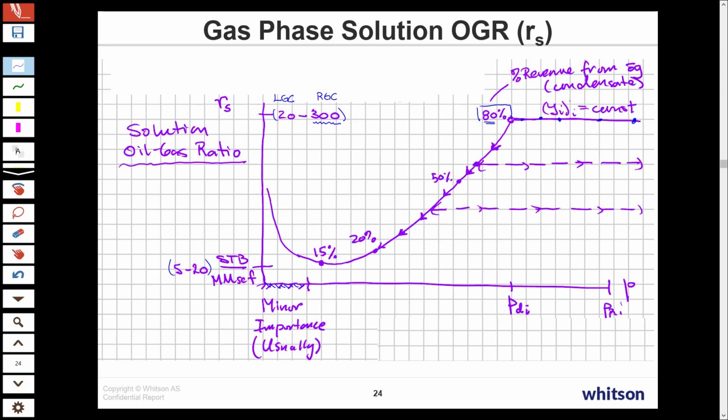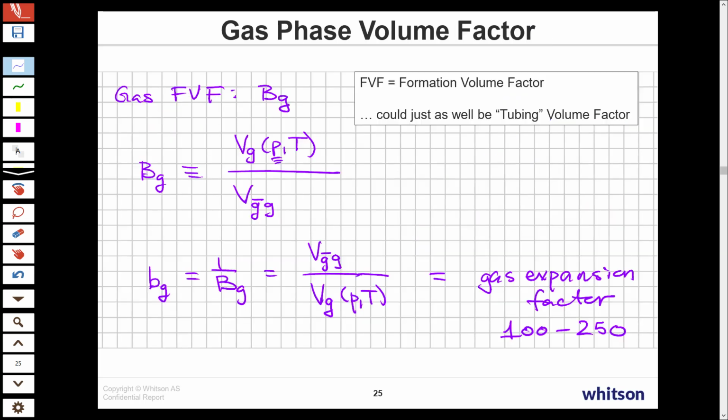But as soon as we drop below the dew point, as the average reservoir pressure drops and the amount of condensate carried with the gas decreases, the revenue coming from the condensate decreases from 80 to 50%, and down here it might be as little as 15% or less. So that's a very important PVT property because of the bottom line effect on economics.